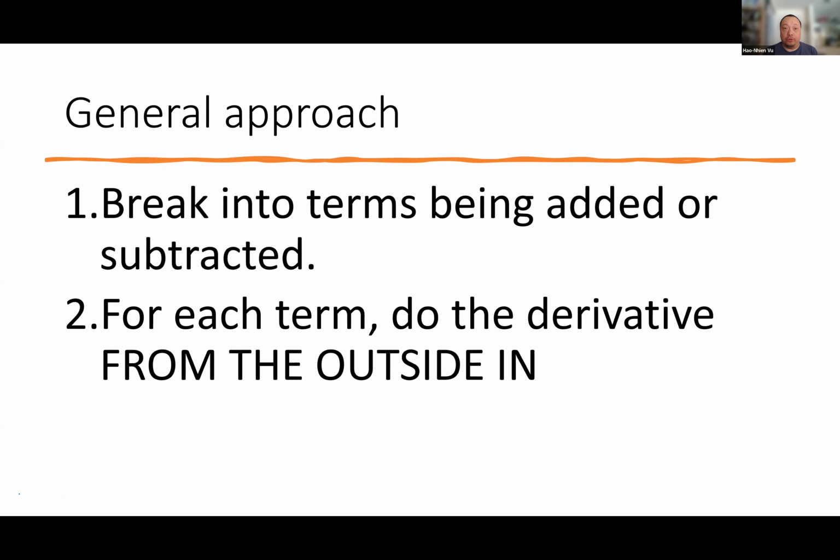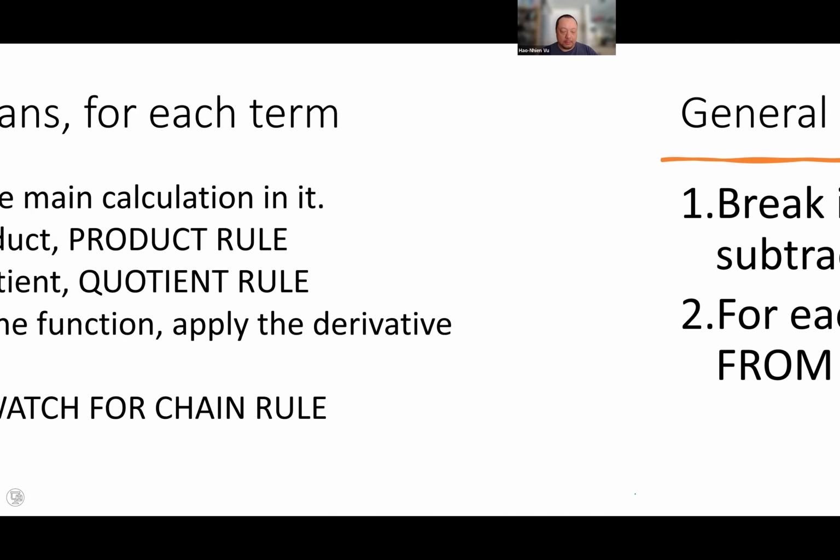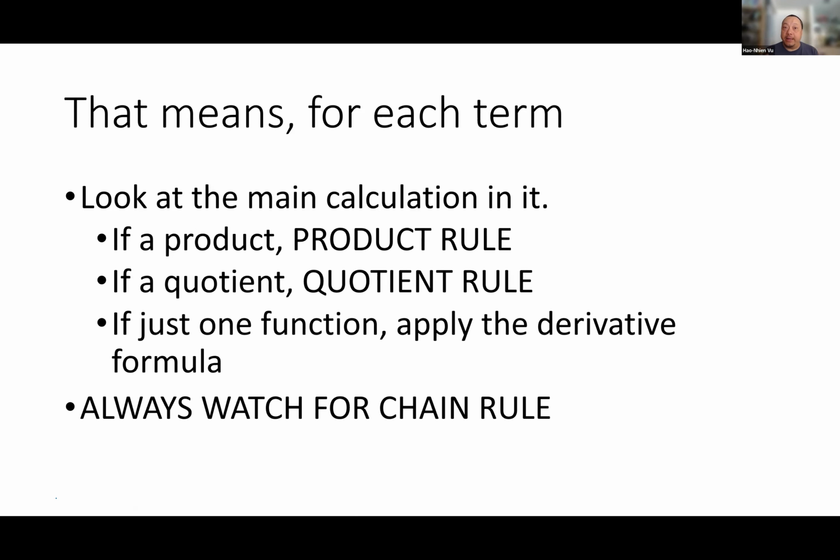So I'm going back to the general approach: break into terms being added or subtracted. And obviously at the end, don't forget to put them back together. And then for each term, do the derivative from the outside in. That means you look at the main calculation in it. Is it a product? Apply the product rule. Is it a quotient? Apply the quotient rule.